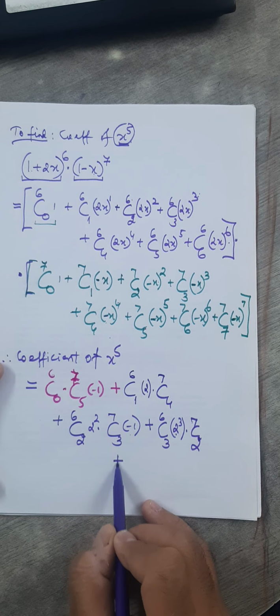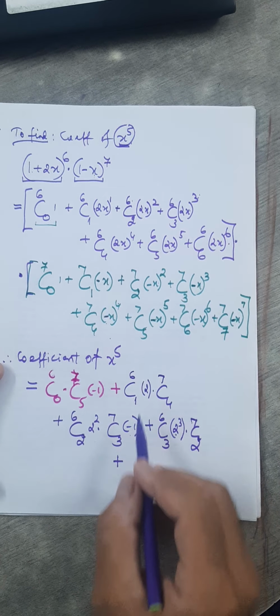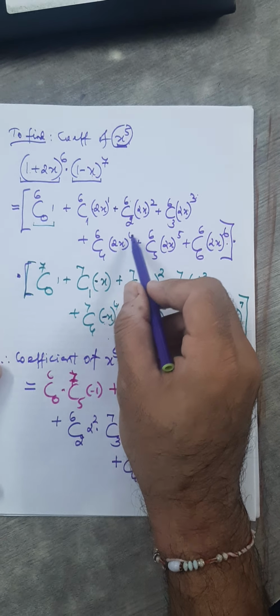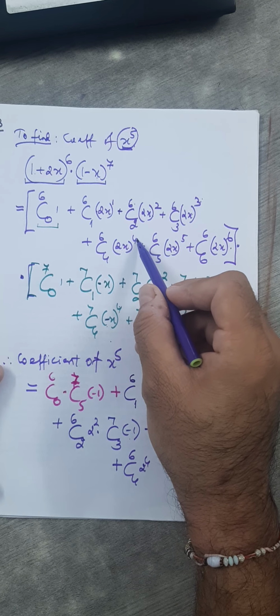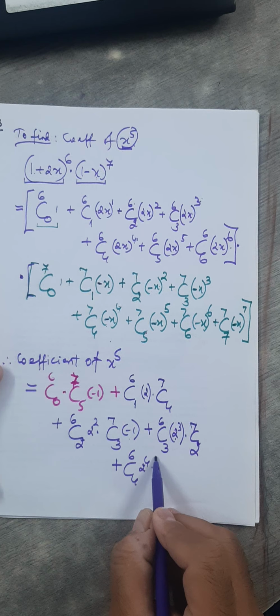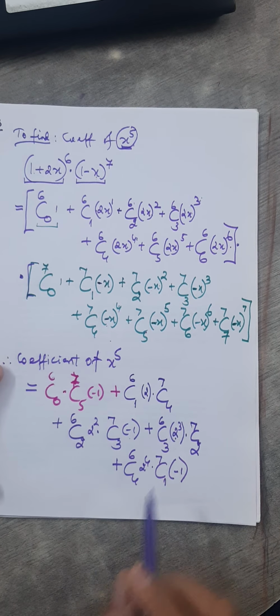Plus, let me write one more here. X raised to 4, that's 2 raised to 4. So 6c4 into 2 raised to 4 into x raised to 4. That x raised to 4 is multiplied with this, remember. Here the minus sign is there. So into 7c1 into minus 1.